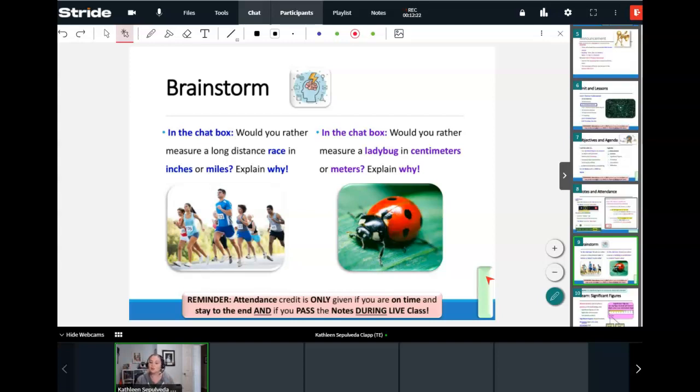In the chat box, would you rather measure a long distance race in inches or miles? Why? Inches or miles? You're running a race. There's really no wrong answer. Miles, yep. All of you, hands down, say miles.